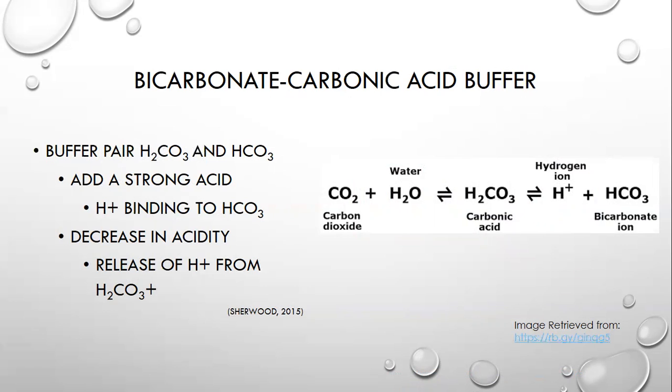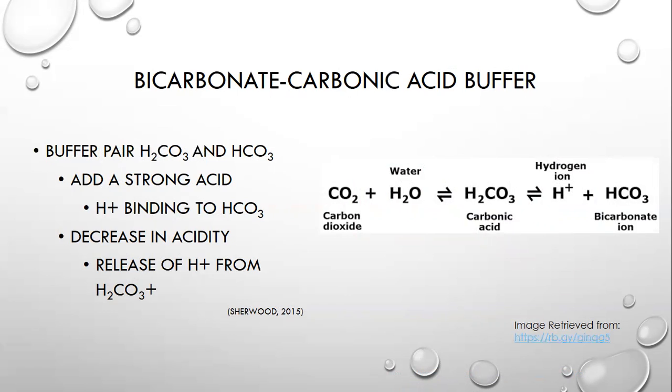When there's a higher amount of hydrogen ions, that means that the solution is more acidic. And when there are fewer hydrogen ions, that means the solution is more alkaline. I'll show you a pH scale further on in our slides to show this acid and base scale.